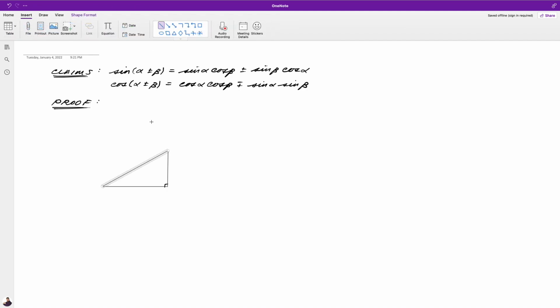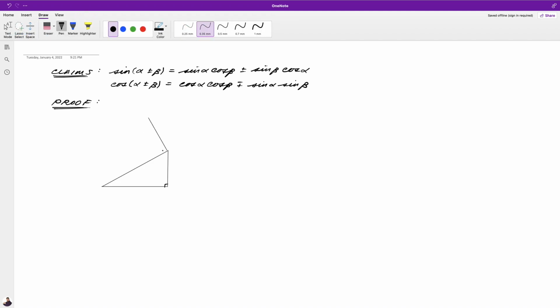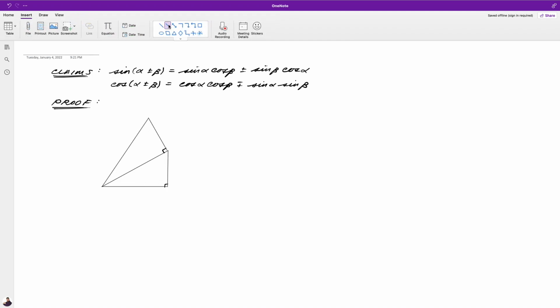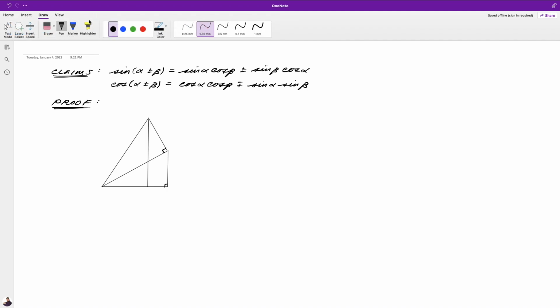And then let's get in also a right triangle here. Okay. And it's going to be stacked on top of this one. So the hypotenuse of the lower triangle is the longer leg of the upper triangle. We're also going to make sure we have this segment coming down.